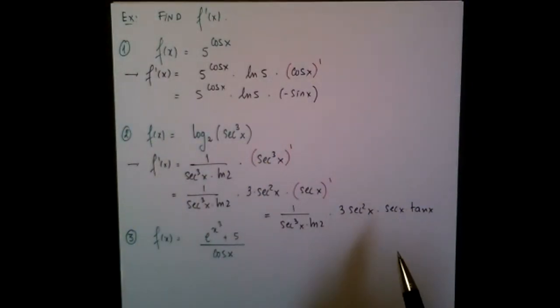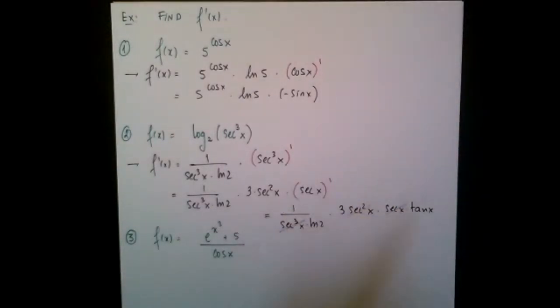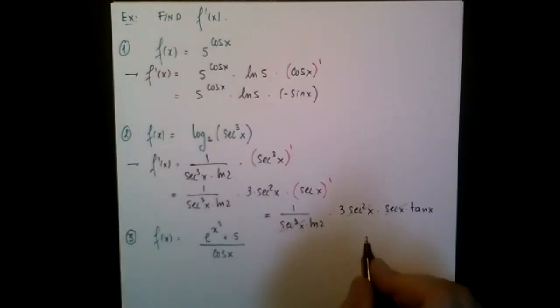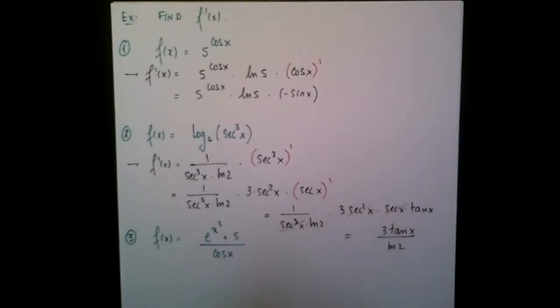As you see, all the secants will disappear. Secant cubed over secant cubed disappears. In this case, it's practical to simplify. So it's going to be 3 tangent x over ln of 2.